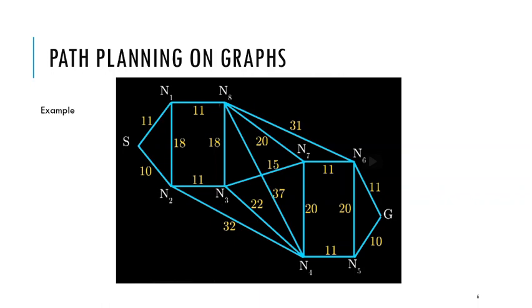For example, maybe some of the edges are highways and some of the edges are really fast. So we are talking in terms of time. I can put the time cost on each edge. So in place of this distance, I am considering that this is the time that you are taking to traverse this path.